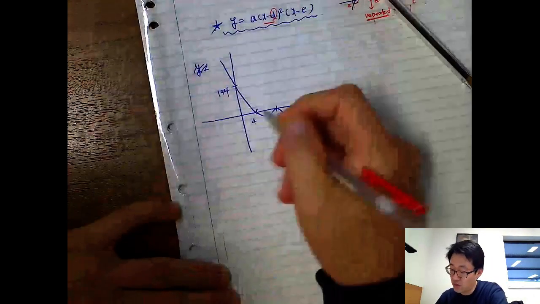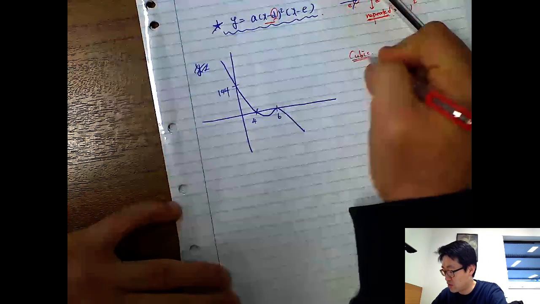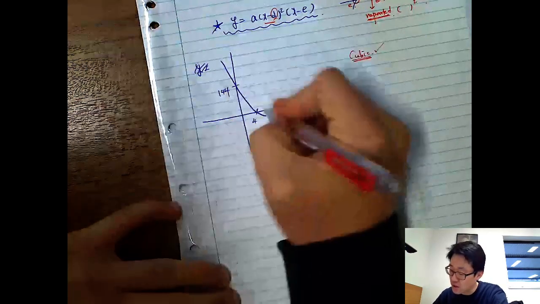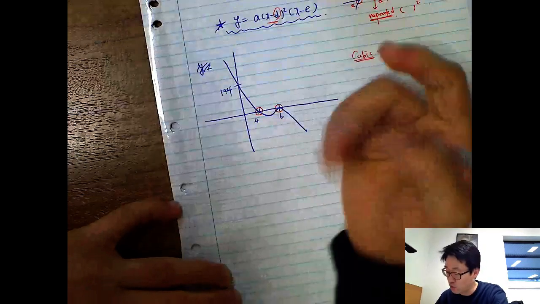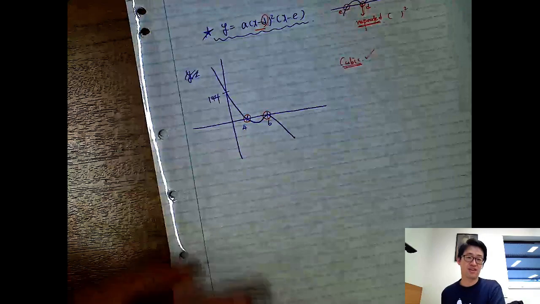When I look at it, I can tell this is cubic. Good. The first thing you need to check is how many x-intercepts do we have? 2, isn't it? Who didn't answer?